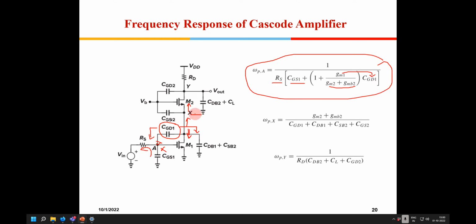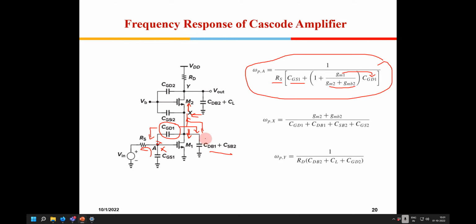Similarly, if I take this X node, this is the second node. At this node I have one capacitance here, and the impedance as seen by this capacitance is GM plus GM2, and towards the bottom I have this capacitance also, which will see the same impedance.